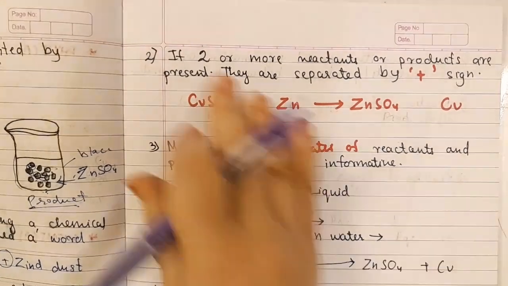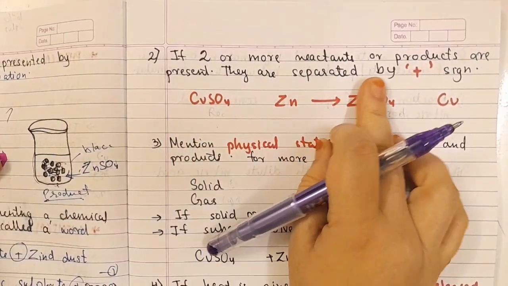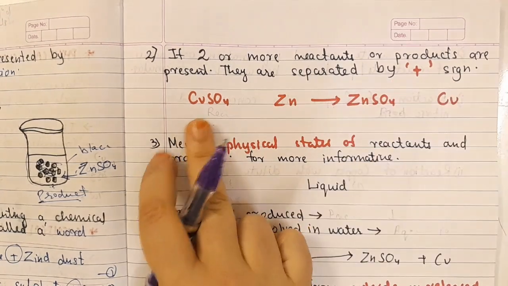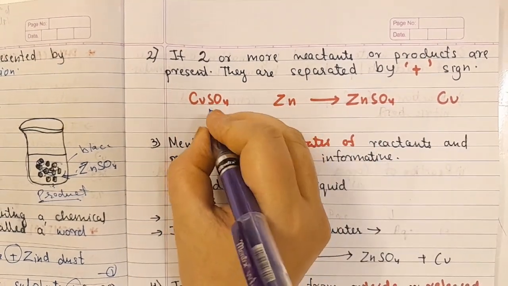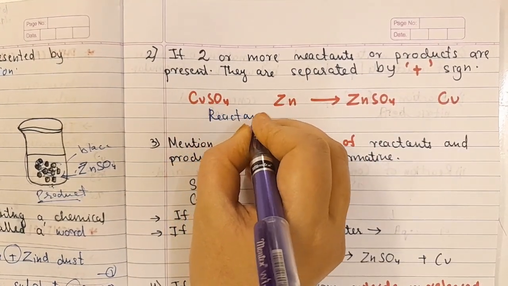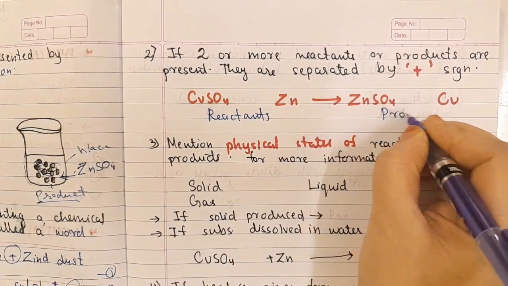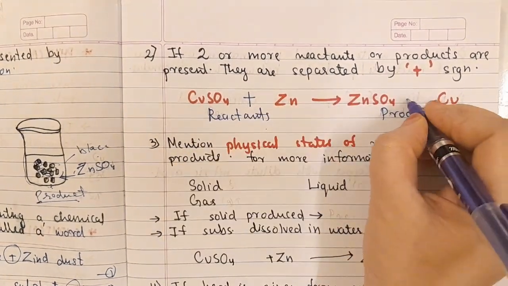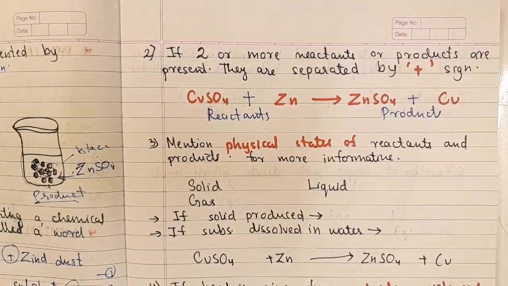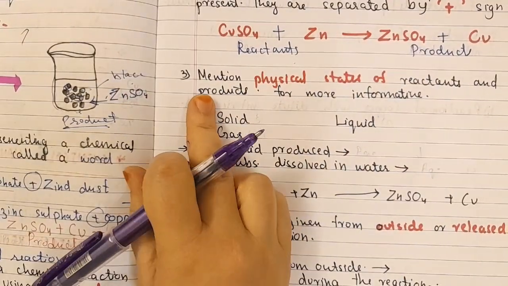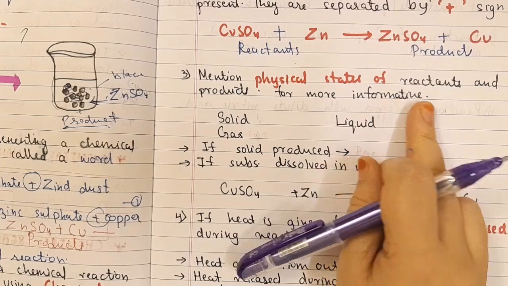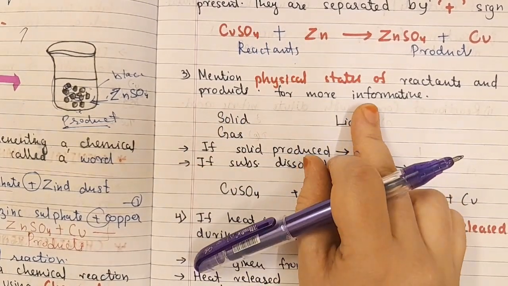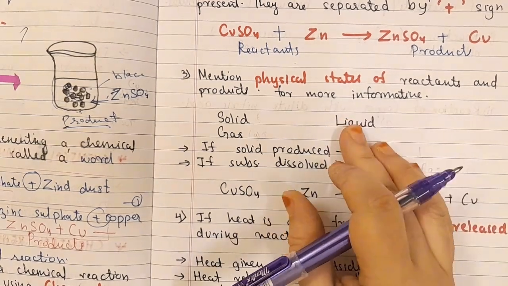The second rule: if two or more reactants or products are present, they are separated by a plus sign. Here we have two reactants and two products, so we will put a plus sign between the two reactants and between the products. Third, mention the physical states of reactants and products to make the reaction more informative.